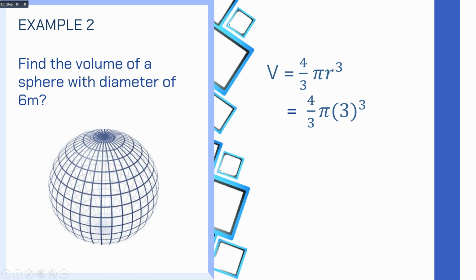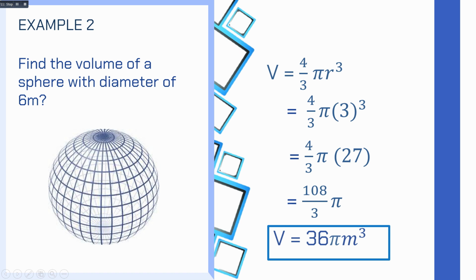Then get the cube of 3, that will be 27. 27 multiplied by 4/3 is 108/3 pi. And the unit of measurement is in meters, so the final answer would be 36 pi cubic meters.